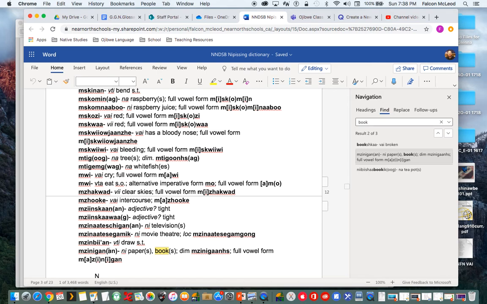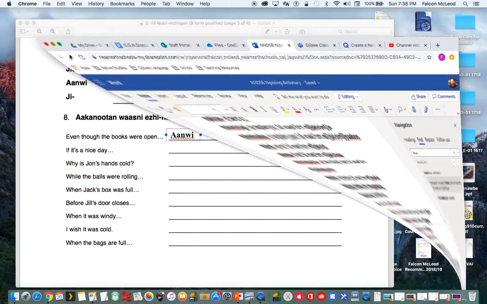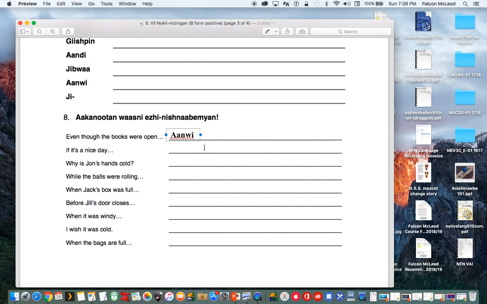So we're going to add the plural suffix an. Mzinigan-un, but we take a look at our third last consonant as always. N is our last one, second last one is another n, third last one is a g. We have a vowel on this side and a short vowel on this side.